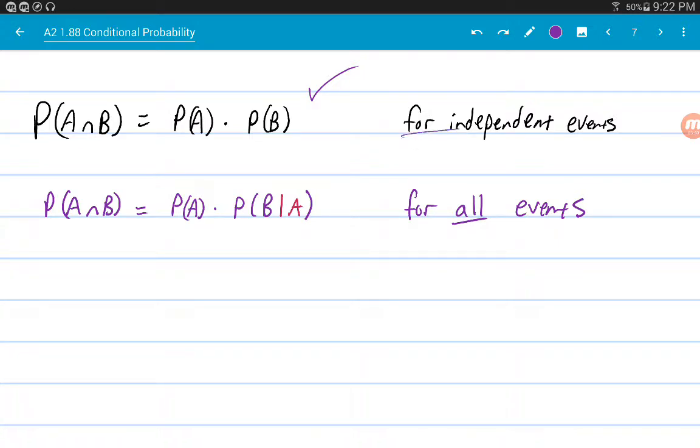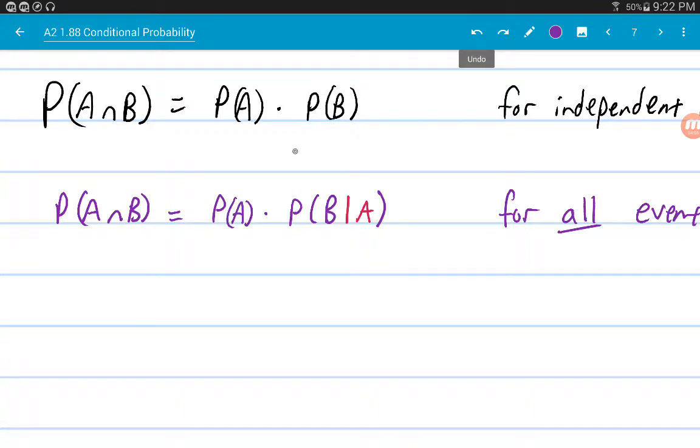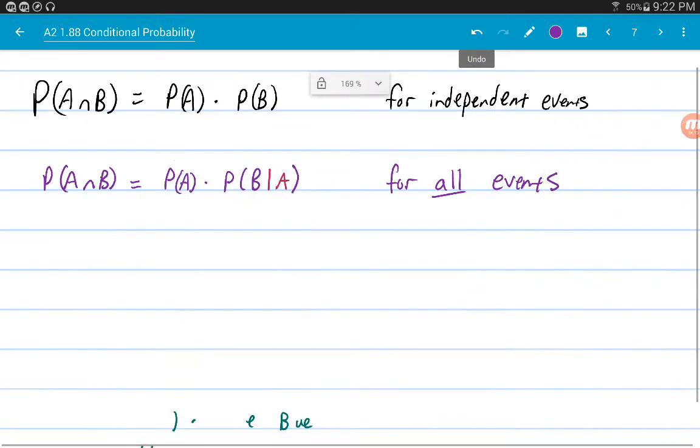But what you didn't know is that this is only for independent events. If I'm not sure if the events are independent or if I'm sure that they're dependent, I have to just add a little modifier here. Instead of just putting the probability of A times the probability of B, I slap a little given A there on the end. Now this will work for all events.